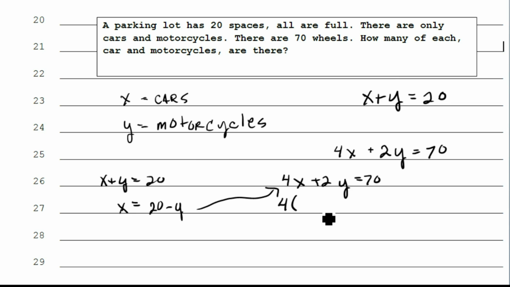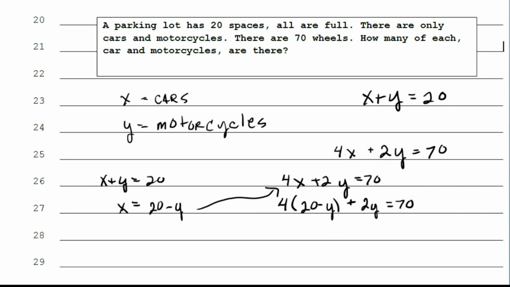You have 4 times 20 minus y plus 2y equals 70. And what you've done is have one equation with one unknown you can solve for y, and then work backwards and find out what x is.